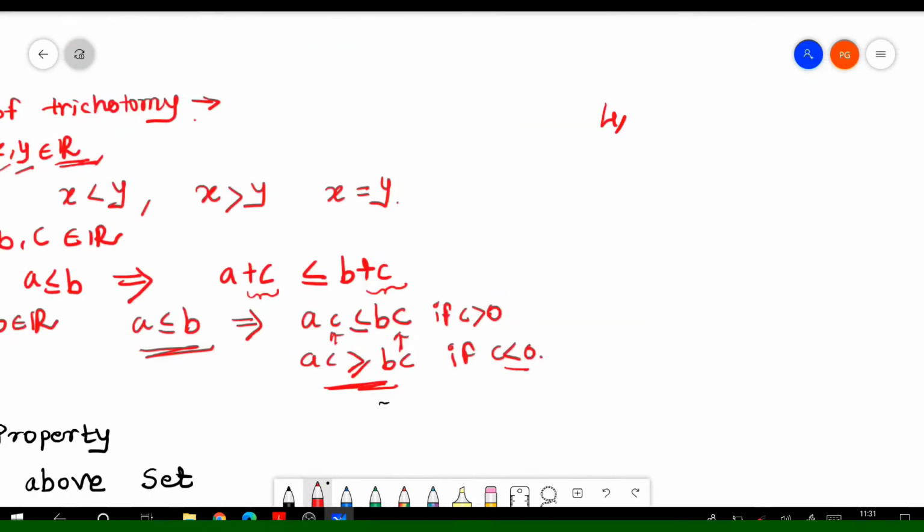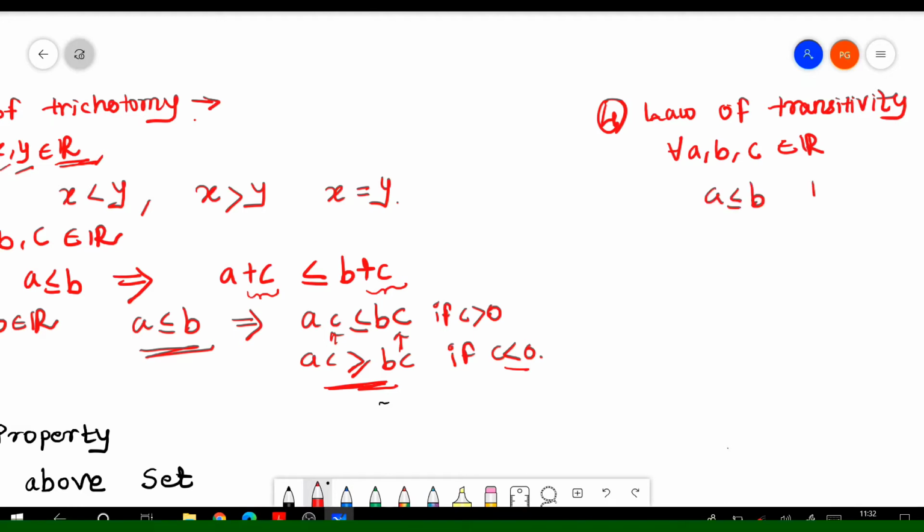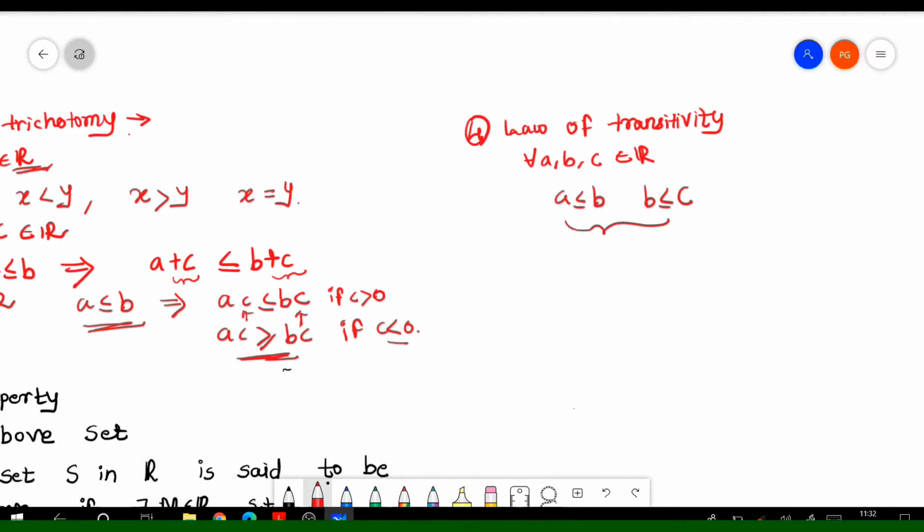Let's see what is property 4. This is a well-known property. You must know the law of transitivity, which goes like: for every a, b, c belonging to R, a is less than or equal to b and b is less than or equal to c, then this implies a is less than or equal to c.